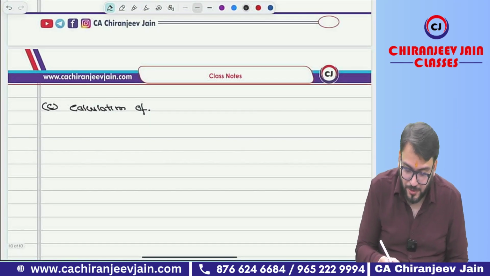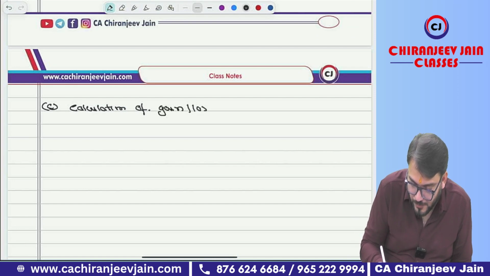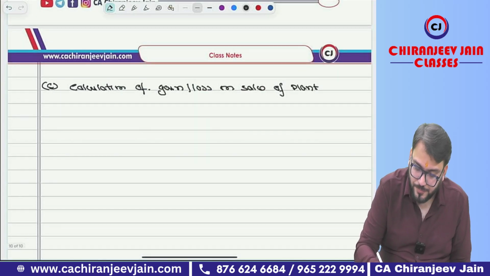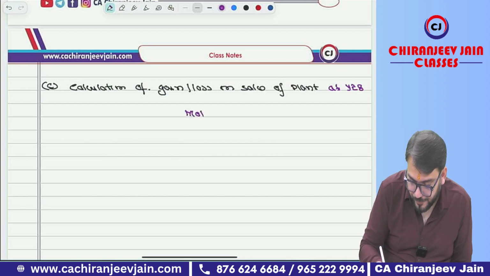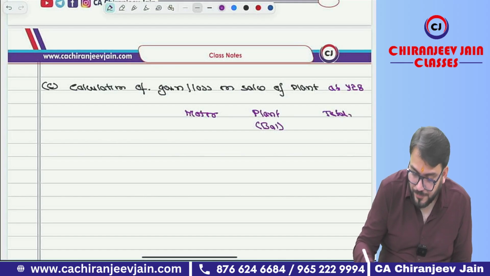Gain or loss on sale. The calculation of gain or loss on sale of plant as a whole at year end 8. Once again, it is what? Motor, plant balance and total.